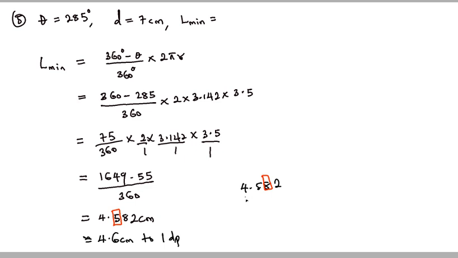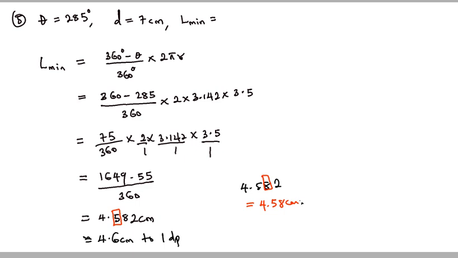Or going by the options, we can take our answer to be equals to 4.58 centimeters. So that's good. Any approximation you do, since I'm not giving any instruction, like I said, I recommend you use one decimal place most times, unless you are told what to do.